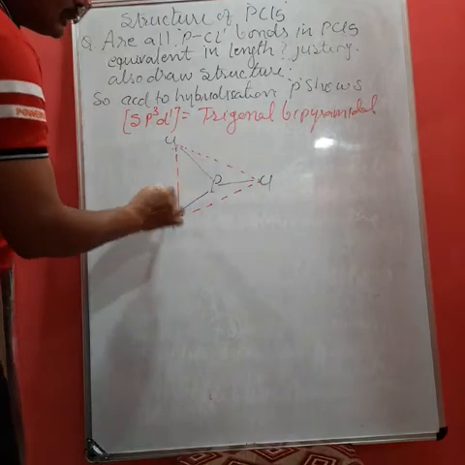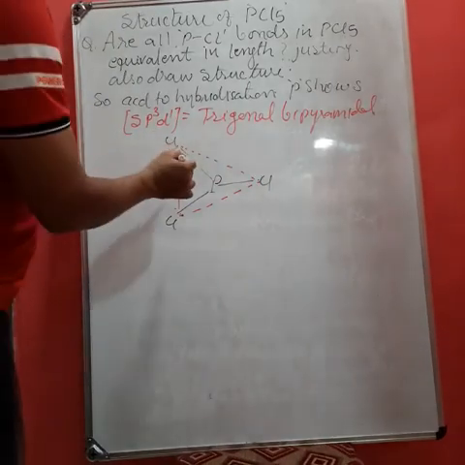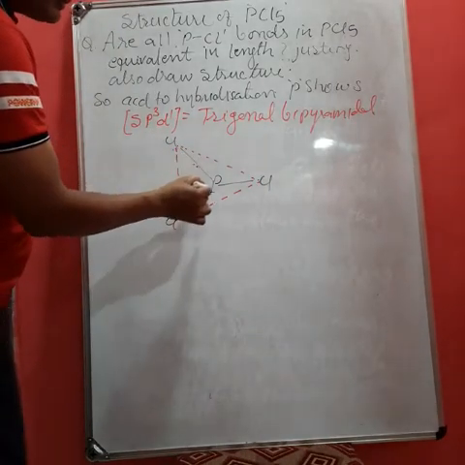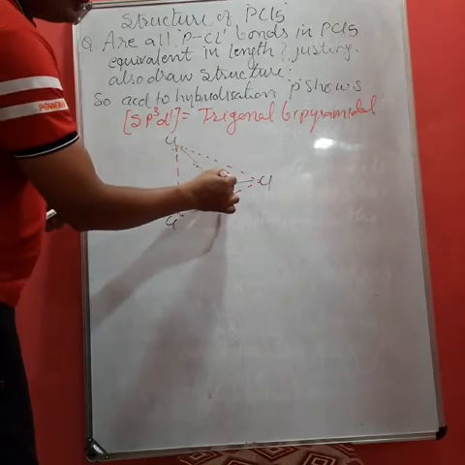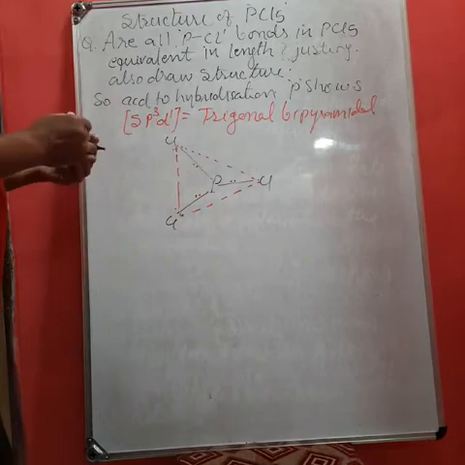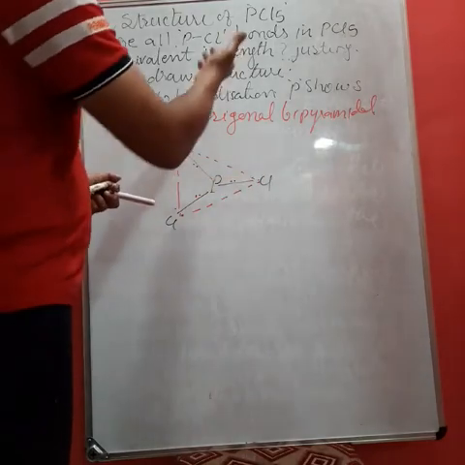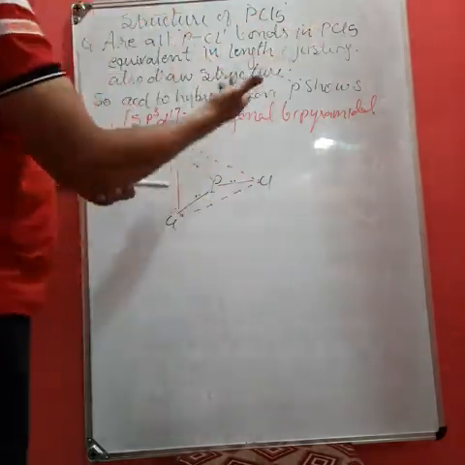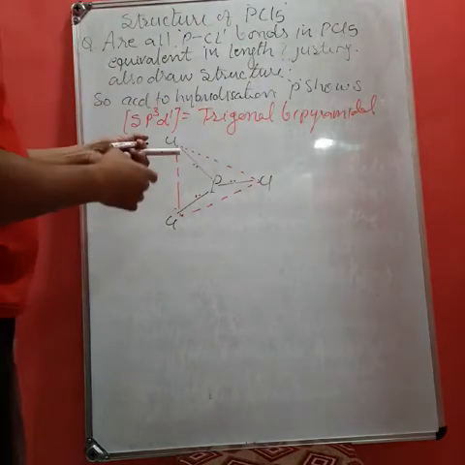This is a trigone. But due to the presence of the 3 bond pairs very close to phosphorus and the surrounding Cl atoms, these 3 bond pairs repel the other P-Cl bonds to a larger extent.